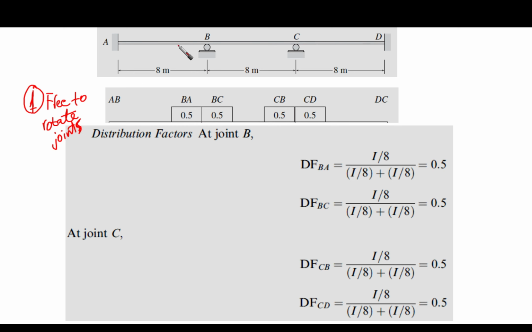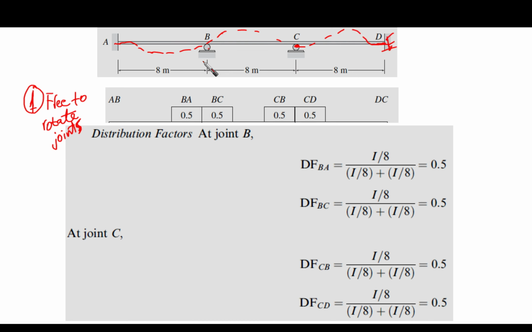So as you can see here, we have fixation at A, and fixation at D. However, at point B and point C, they are free to rotate. So the structure can rotate freely at joint C or joint B. However, here at joint A and joint D, it is fixed.